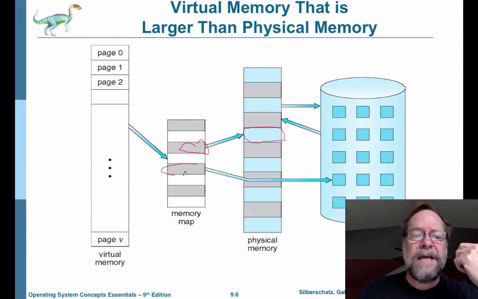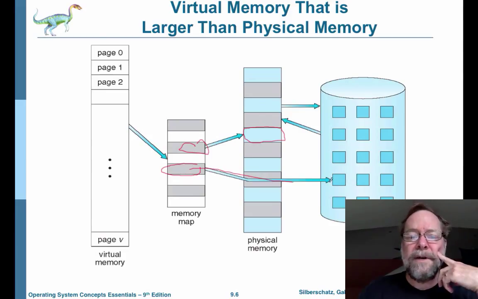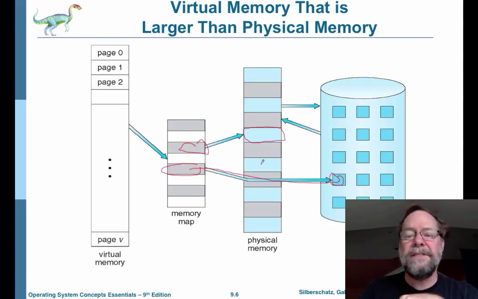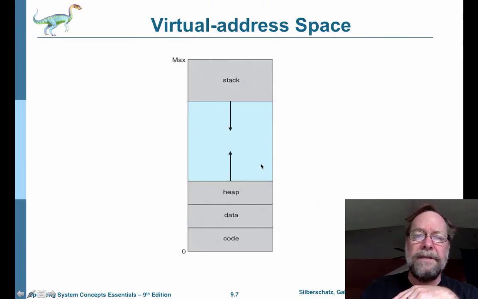But this page down here, whatever that page was, the memory map says that page is not currently stored in memory, it's sitting over here on a hard drive someplace in a sector. So the trick is, how do we know which virtual pages are written on the hard drive and which pages actually are resident in our physical memory?